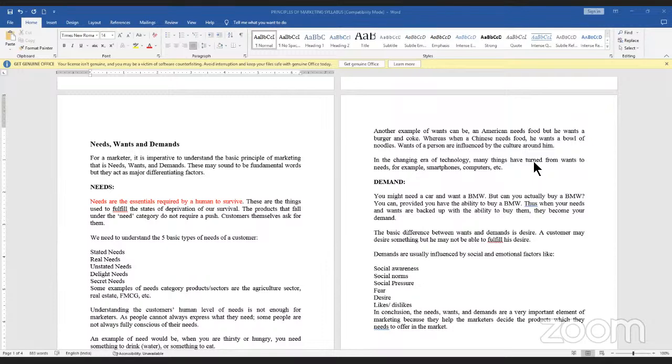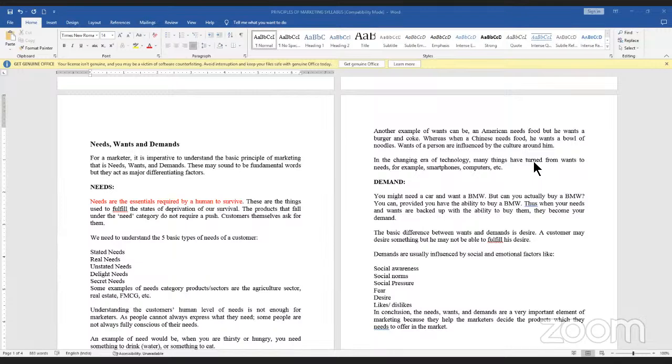Burgers and pizzas are not our culture, but the marketer created a demand, created a market for this American or Western food culture by making you feel to fulfill your need with a variety of dishes, right?